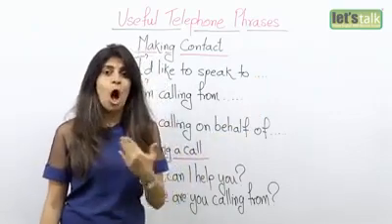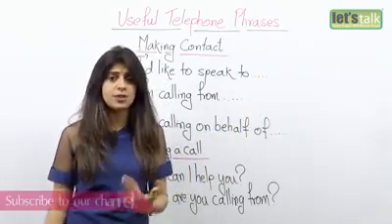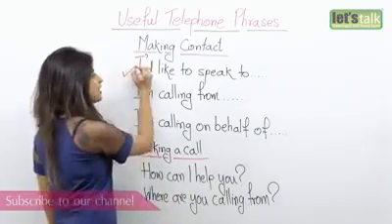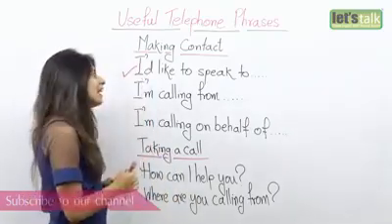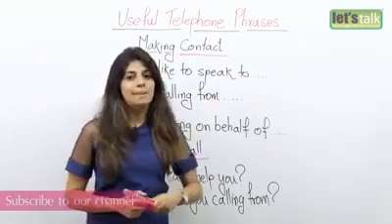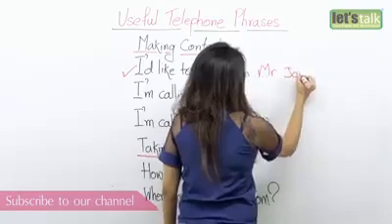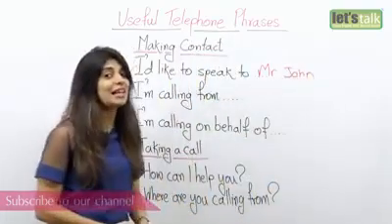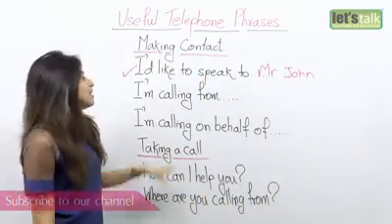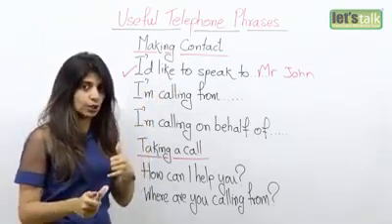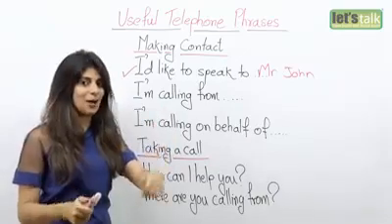So of course, you're calling someone, because you want to speak to someone, right? So the first phrase that you're going to use is, hello, I would like to speak to Mr. John. Or I would like to speak to Niharika. Okay? So this is the first thing that you're going to say if you are the caller. If you are calling someone.